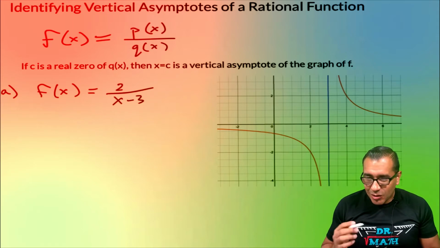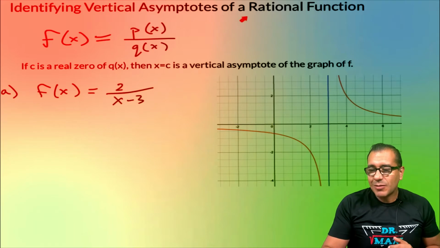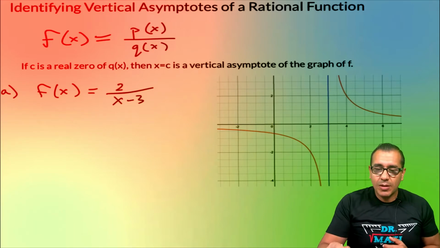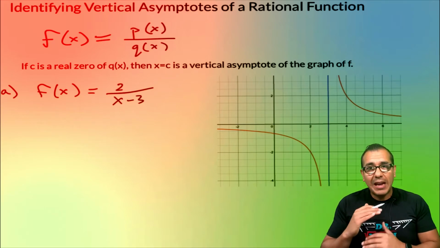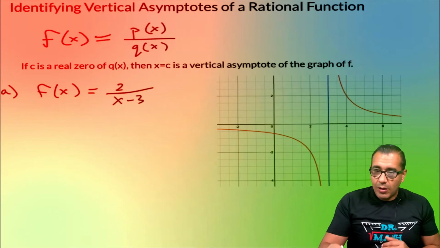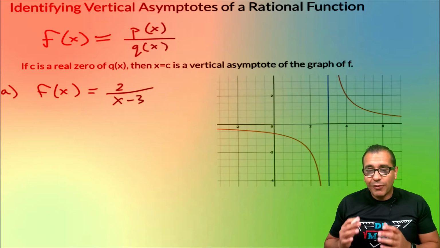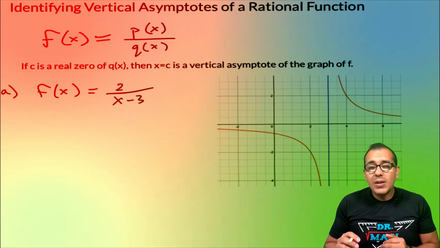All right, so identifying vertical asymptotes, and what we're going to look at today is rational functions. Rational functions means we have a function where there's a fraction. Rational means fraction. So if we have a fraction here, just like we just said, we're concentrating on what's going to make that denominator equal to 0.